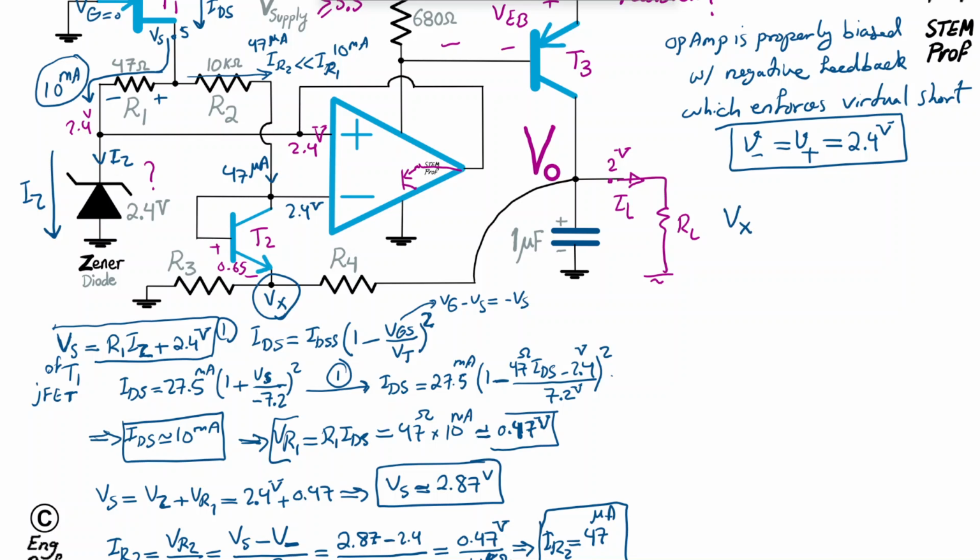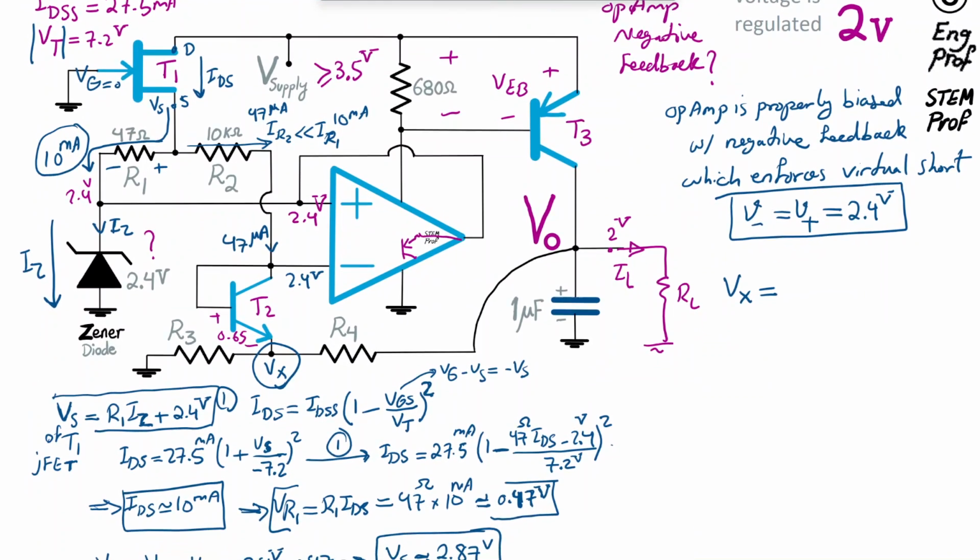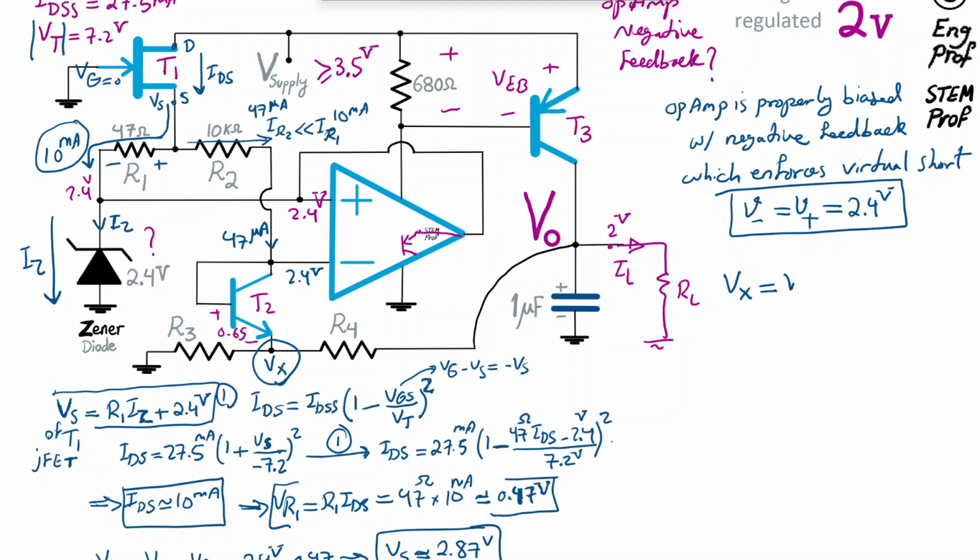So Vx is simply the nominal voltage of Zener minus the voltage of the base emitter of transistor T2, or just VBE of transistor 2. All right, so what is that?